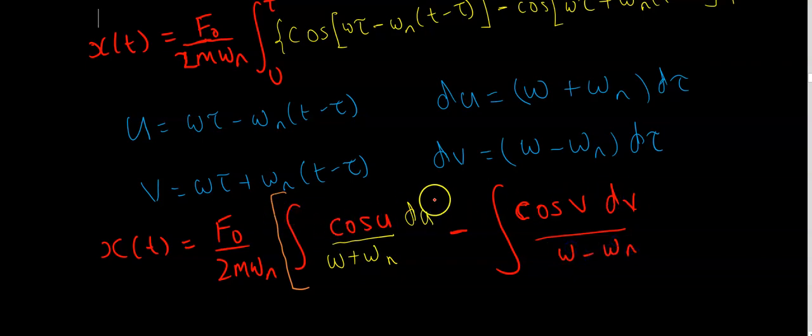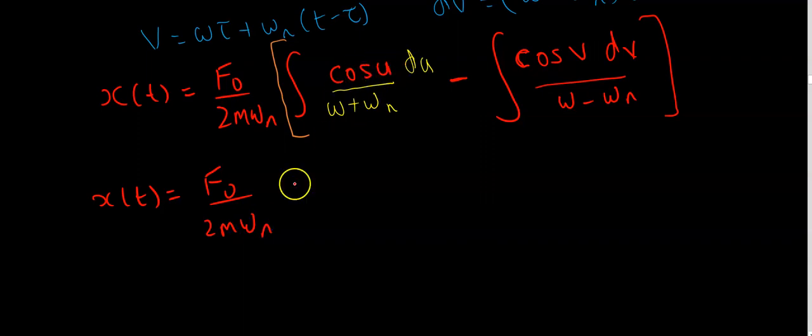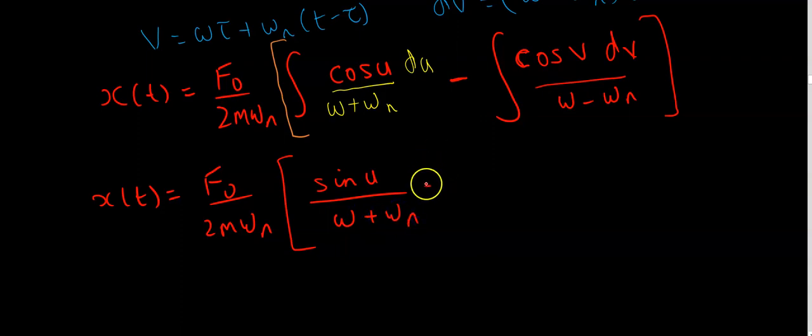I'm leaving out my limits because the limits will now be in terms of the variables u and v. So you very easily recognize that x(t) is equal to F naught on 2m omega_n. If I integrate cos u with respect to du, I just get sine u, divided by omega plus omega_n, minus sine v over omega minus omega_n.